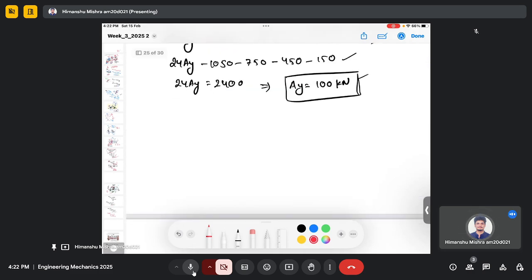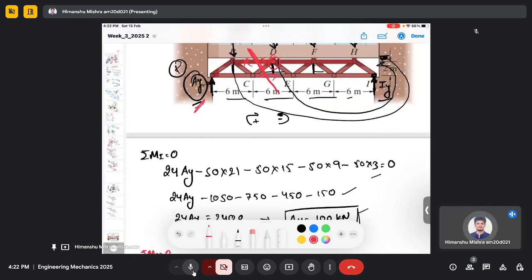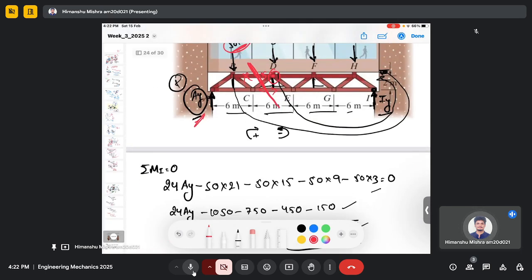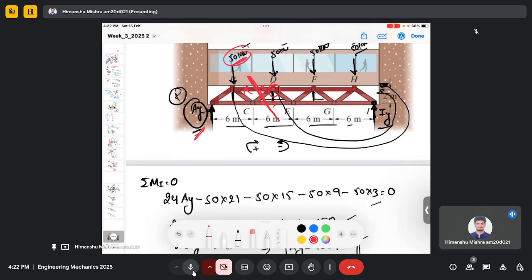So the summation of moment at D should be equal to 0, and AY will rotate in a clockwise manner. CE will also rotate in a clockwise manner about point D, and the 50 kilonewton force will rotate in the anti-clockwise manner.